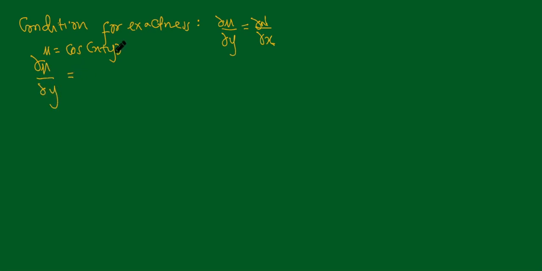Remember that when we're finding the partial derivative of M with respect to y, we keep x as a constant. So by doing that, we are going to get the partial derivative of M with respect to y to be minus sin(x + y).